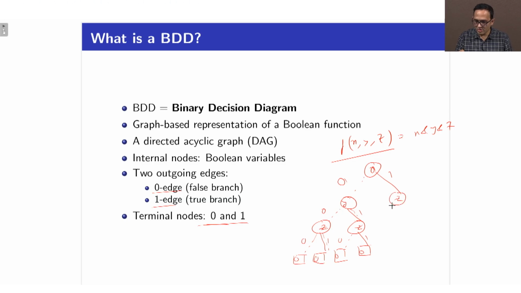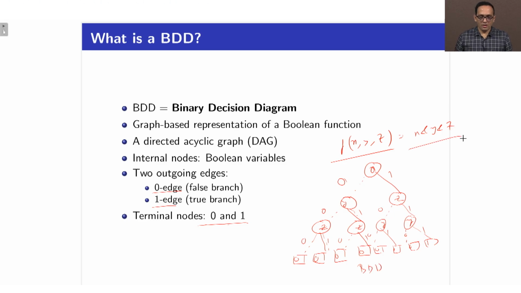Then I will have y, with a 0 node and a 1 node, and you know that only if all of them are 1, then the output is 1, and the rest of the nodes are 0. So, this is a BDD of this function.